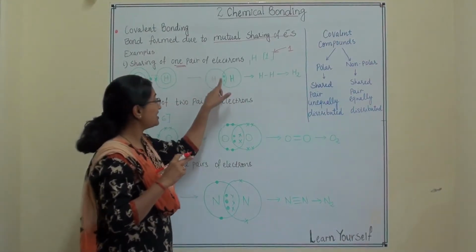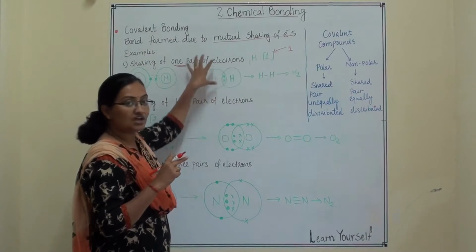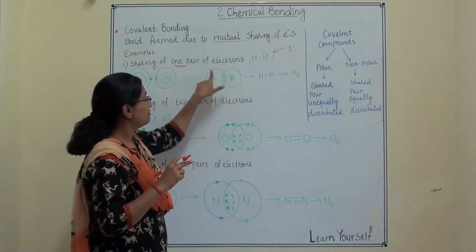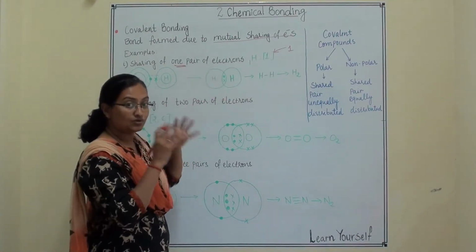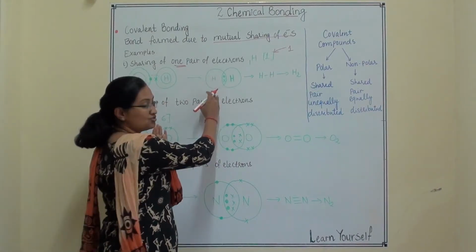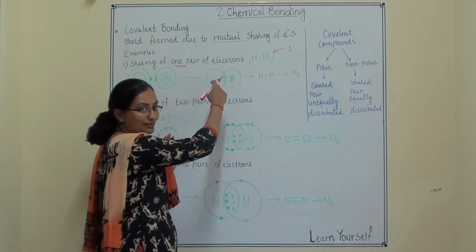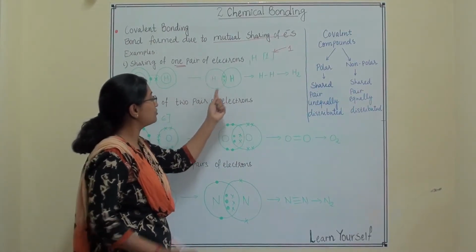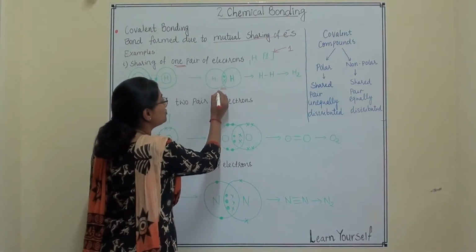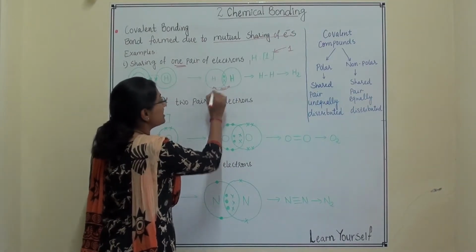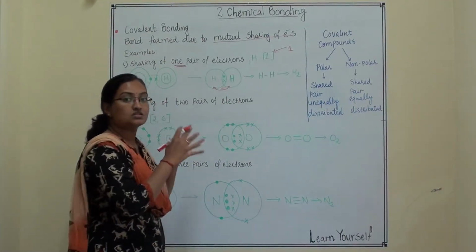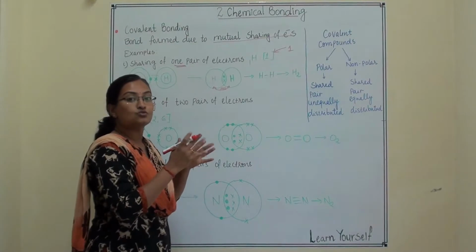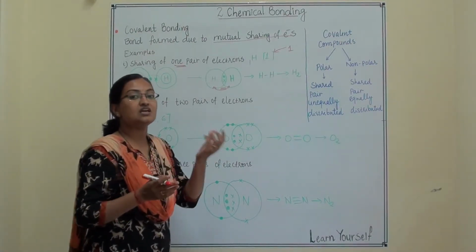When they are sharing, we write the two electrons in between the two hydrogen atoms through a Venn diagram. You all know what a Venn diagram is. These two electrons will remain in between the two hydrogen atoms, not towards any one of them. It will be in between.